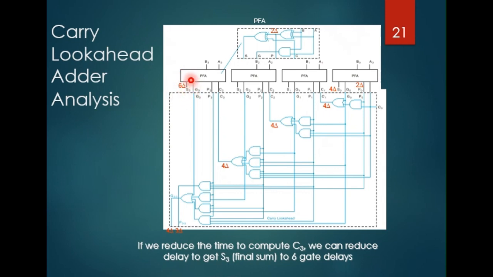That's why to finalize a sum signal will take 6 delays only. That means no matter how many bits of the adder you build for carry look ahead adder, you just need 6 delays. No more depending on the number of stages.